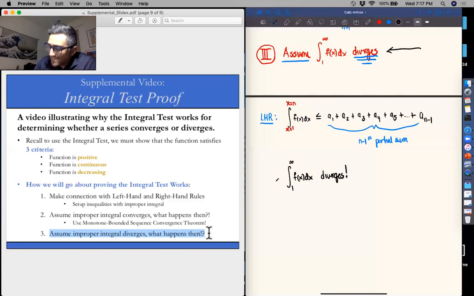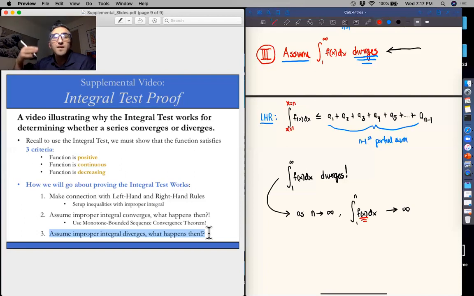So what this implies is that as n goes to infinity, the integral from 1 to n of f of x dx must go towards infinity. And we know that must go towards infinity because the function f of x is a positive continuous function. So we're guaranteed that this happens since f of x is positive.